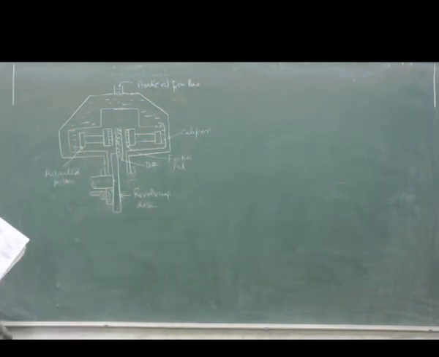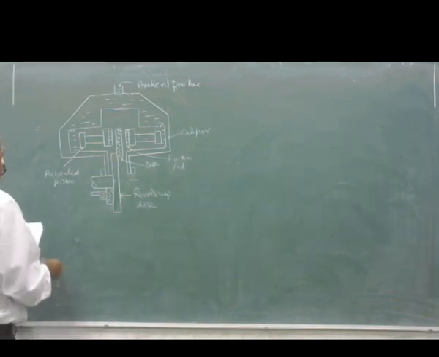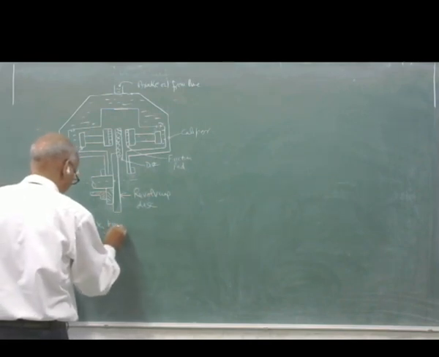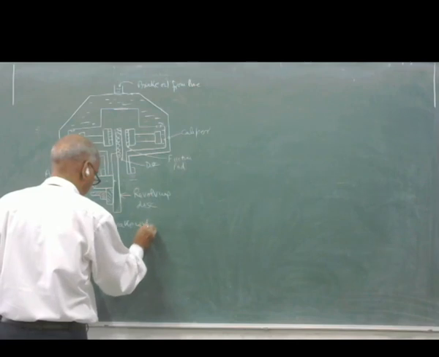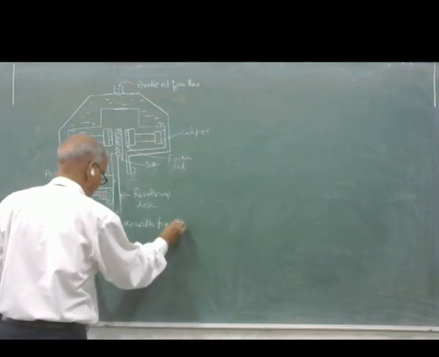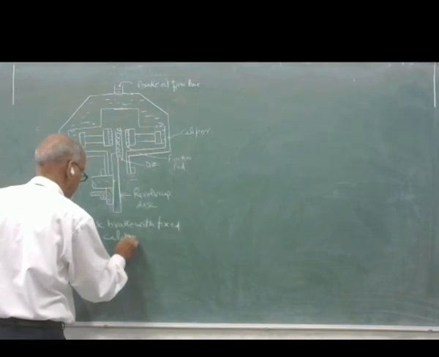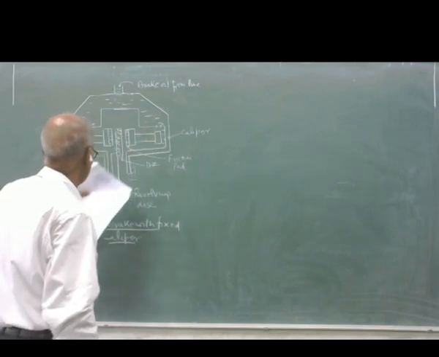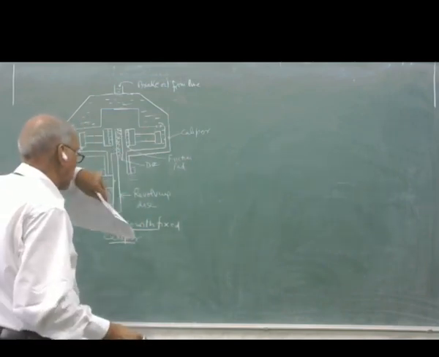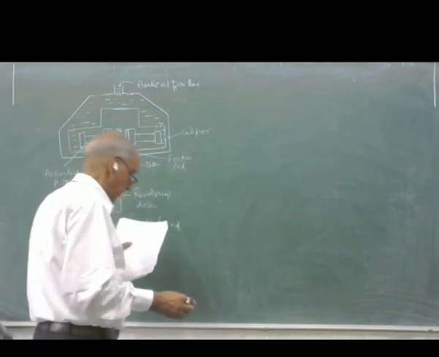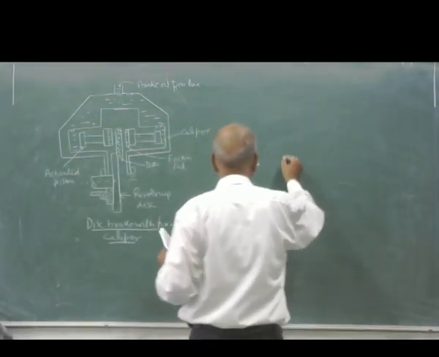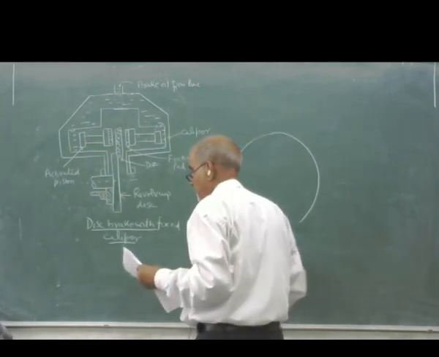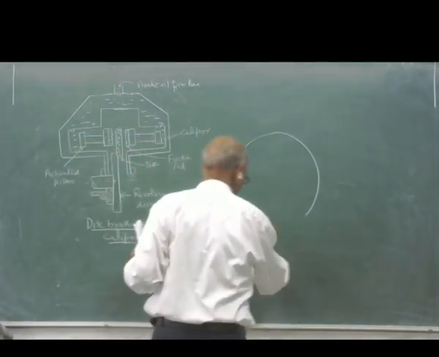This is a rough picture of your disc brake, a disc brake with a fixed caliper. The caliper is fixed, this is the caliper on top. Oil is applied, and it presses the disc. Then we have the drum brake. I am going to explain the basic difference between the two, drum brake and disc brake.